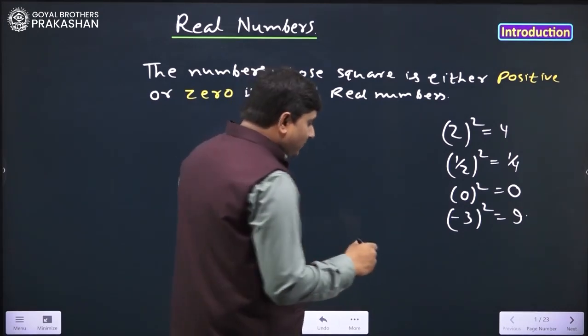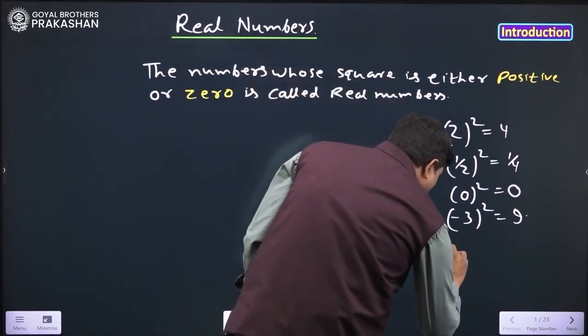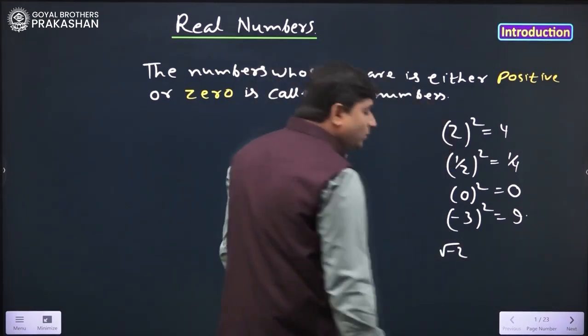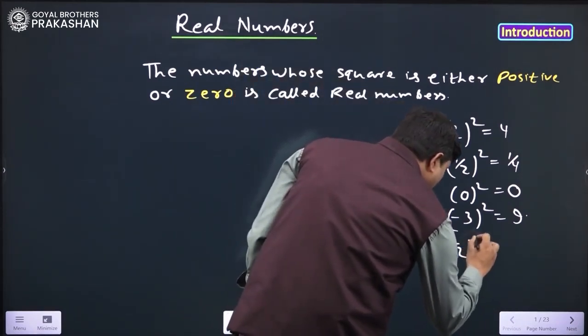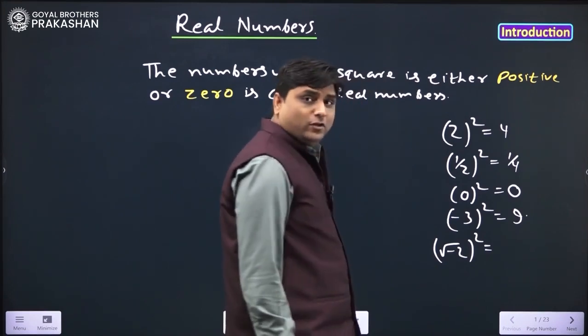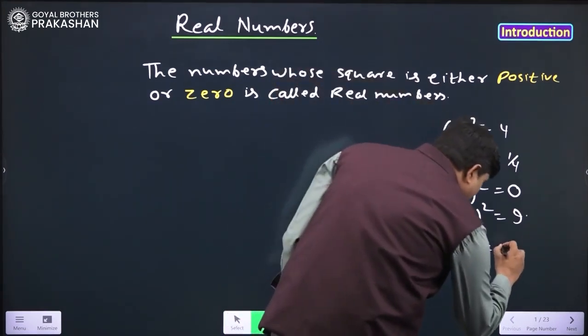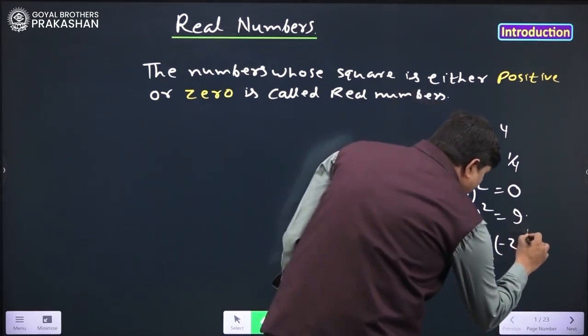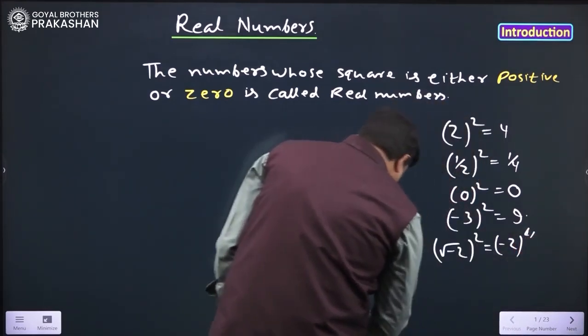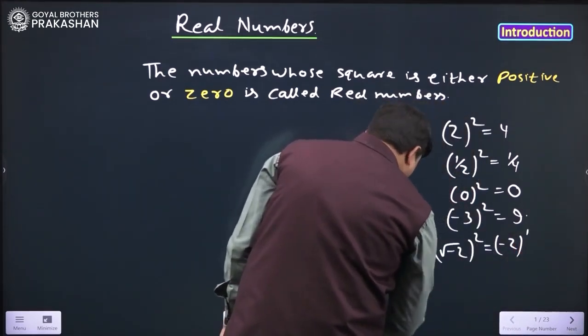We can try. If I find the square of the square root of minus 2, what will it be? Let me explain it. The square root of minus 2 can be written as minus 2 to the power 1 by 2.